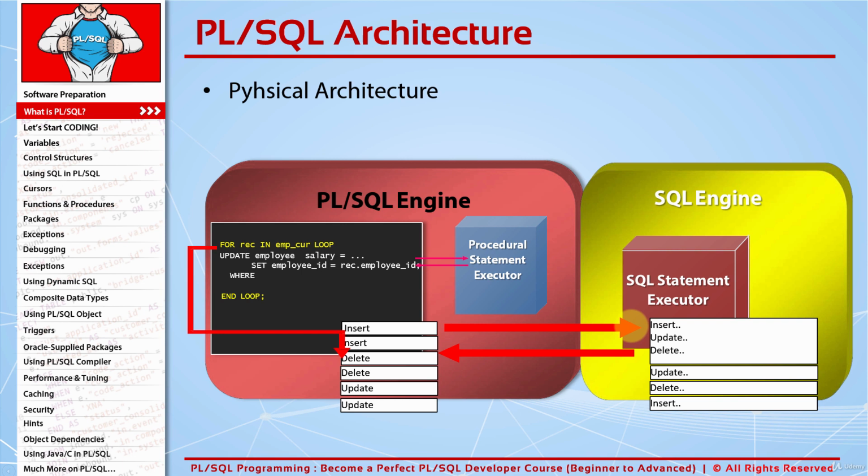After these DML operations, the result is returned to the PLSQL engine, as we can see with this arrow. If you query from a table, your result is returned to the PLSQL engine, then your PLSQL code can do any programmatic operations in the PLSQL engine.